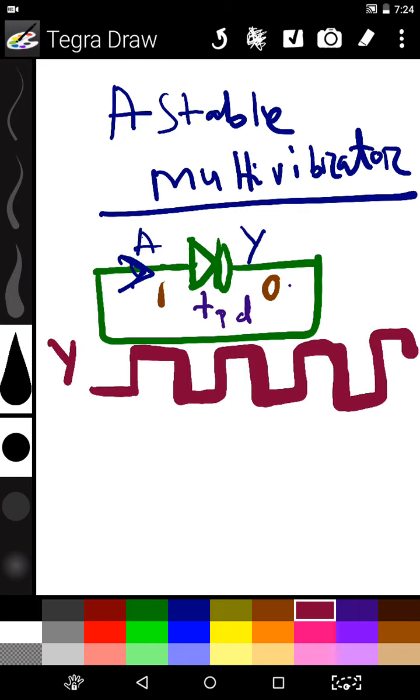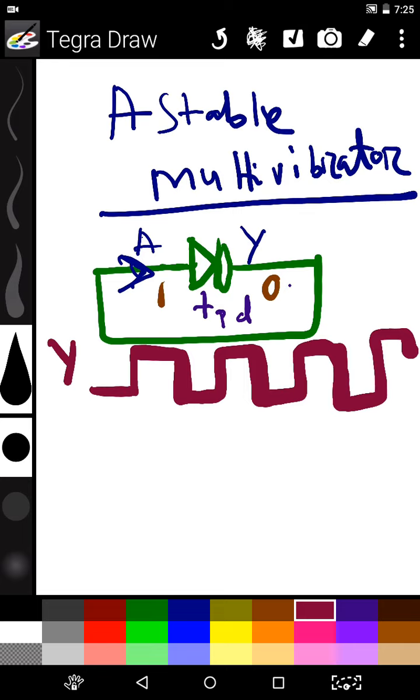It also acts as a clock in digital circuits. One thing we have to remember: if we use an odd number of NOT gates in a loop, then it will act as an astable multivibrator.